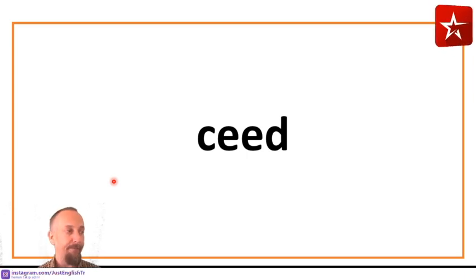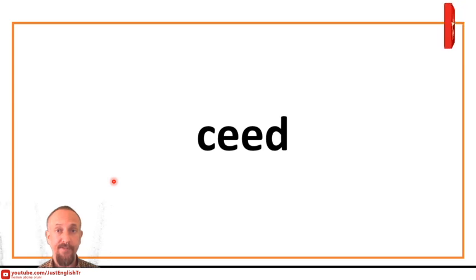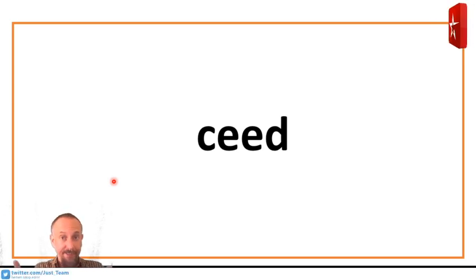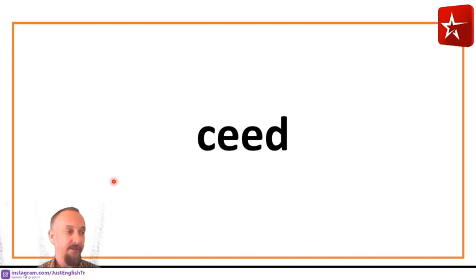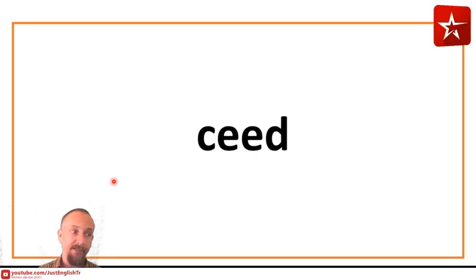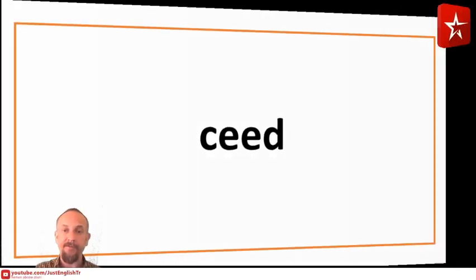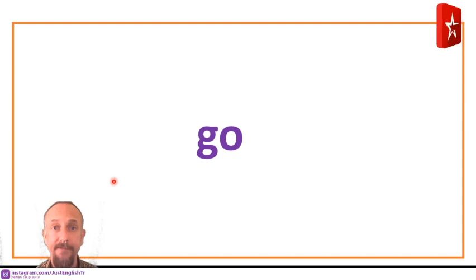Can anybody remember what seed means? We had concede, we had proceed, we had recede, we also have receive. Well, proceed, Jada, is a wonderful example. It means to go. Very, very good.